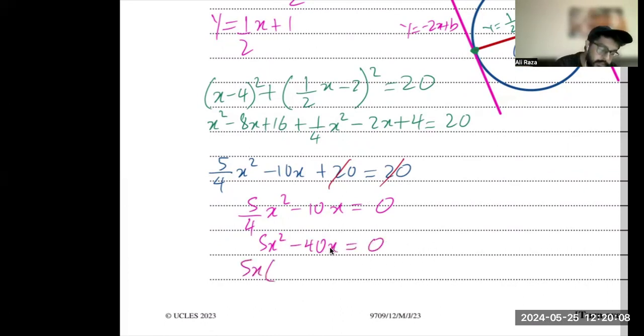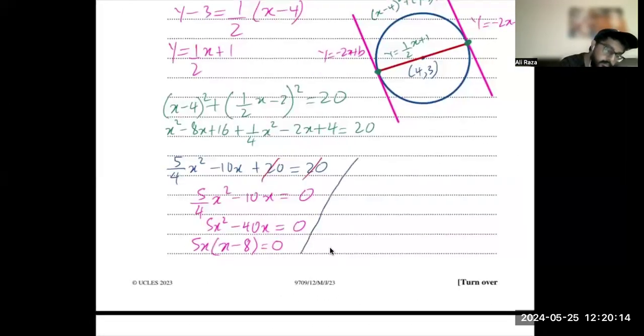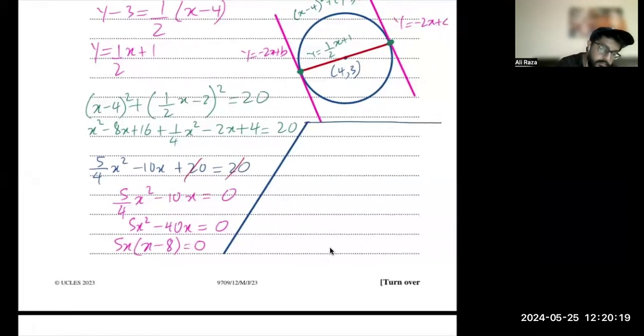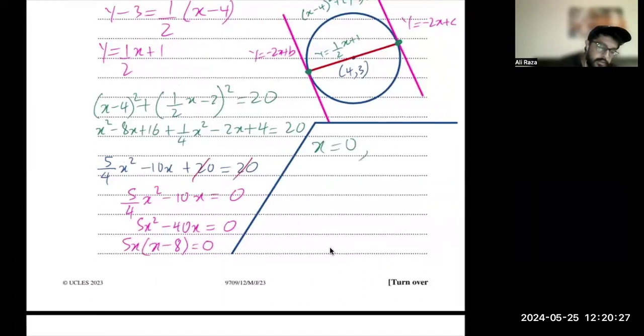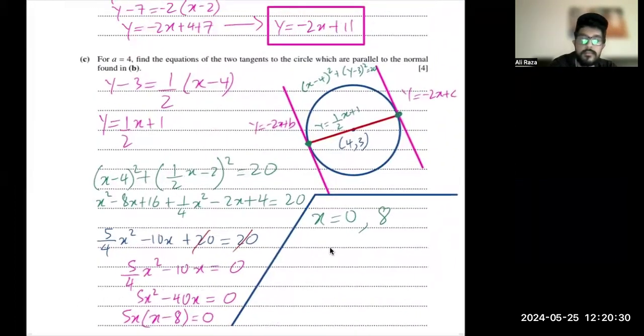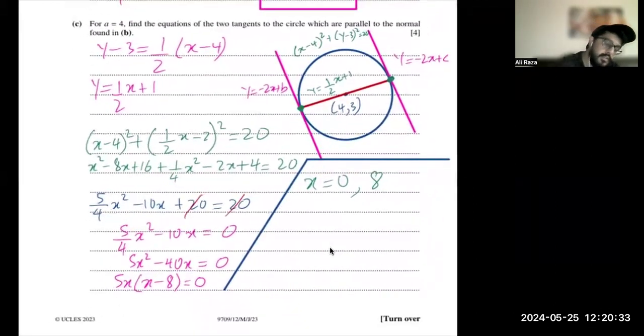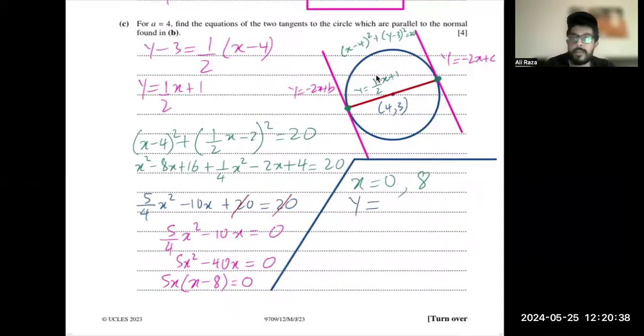This comes out to be 5x bracket x minus 8 is equal to 0. x has the possible values of 0 and 8. And the subsequent y values would be, when you plug them back into this equation, at 0 I get 1, and at 8 I'll get 5.